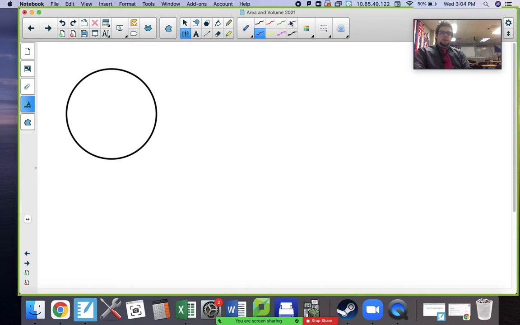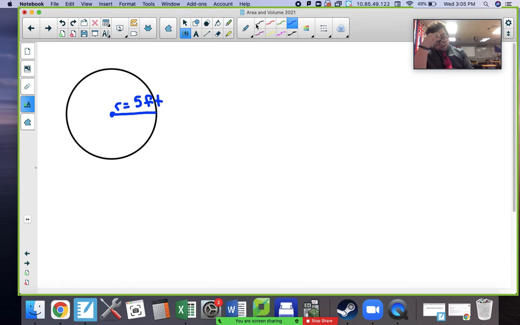Last but not least, we have our circle. And what we need to know about our circle is this line right here, the radius, and it's going to be 5, 5 feet.